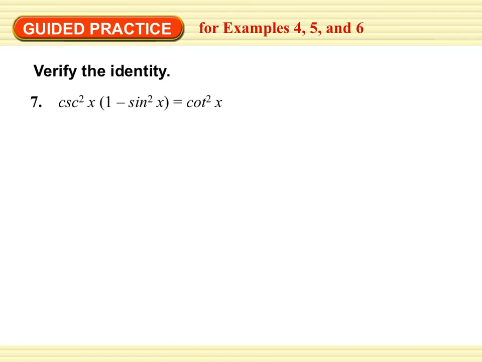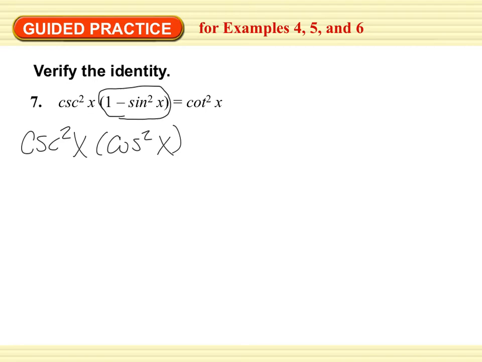Verify the identity. Cosecant squared. I think the left side's a bit messier than the right side, so I'm going to go that way. This right here I recognize as the Pythagorean identity. 1 minus sine squared theta is the same as cosine squared theta. Oops, it's an x. Sorry.